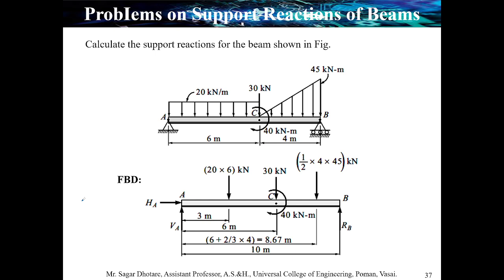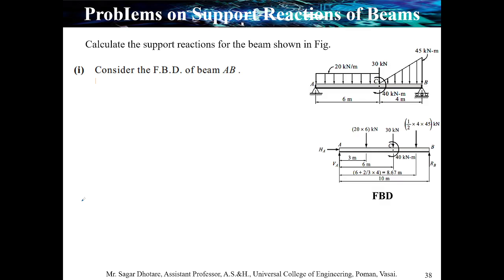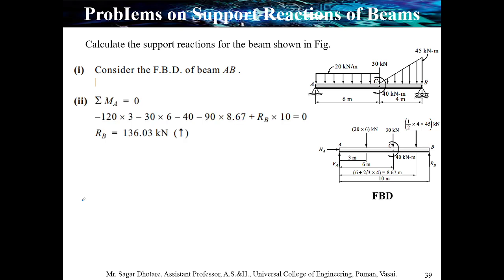Let us apply the first condition. By considering the FBD of AB and taking moment at point A, the first force nearer to A is 120 kilonewton in a downward direction, having a length of 3 meter.